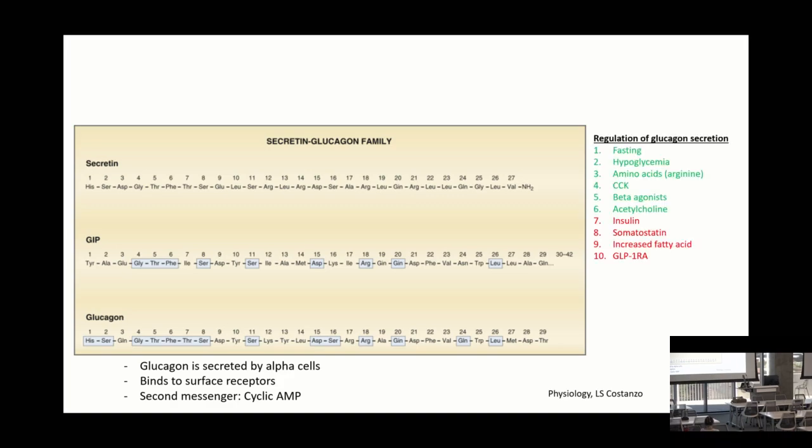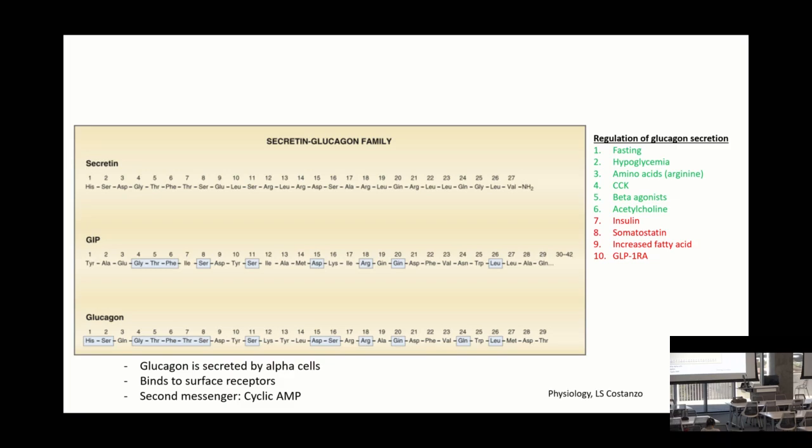It's regulated by fasting, hypoglycemia, amino acids, arginine specifically, cholecystokinin, beta agonist medications, and acetylcholine, which can increase glucagon. It's suppressed by insulin, somatostatin, excess fatty acids, and of course hyperglycemia. So when you have too many nutrients, it will suppress it.